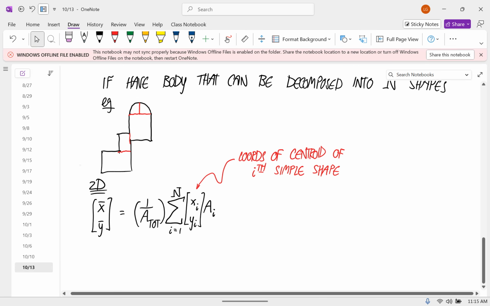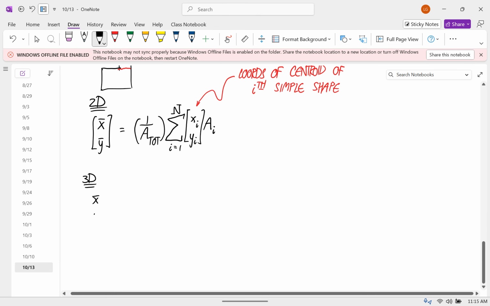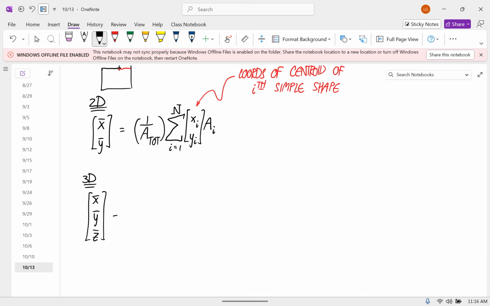In 3D, it's similar, but you have to switch to volumes. So in 3D, x bar, y bar, z bar is equal to 1 over the total volume times the sum for all n shapes of xi, yi, zi times the ith volume.